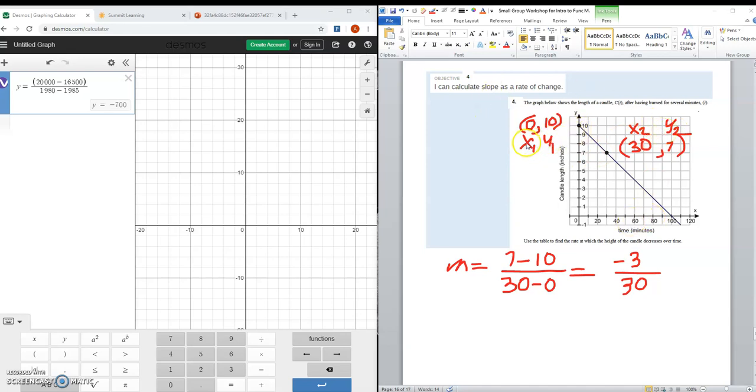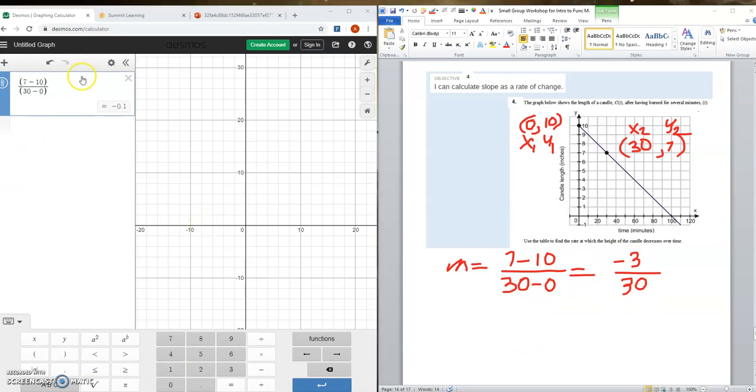You can also label this as your X2, Y2, and this can be your X1, Y1. The slope will be the same. Now, depending on our label, the formula after substituting, I have 7 minus 10, and then 30 minus 0, and that would be negative 3 over 30.